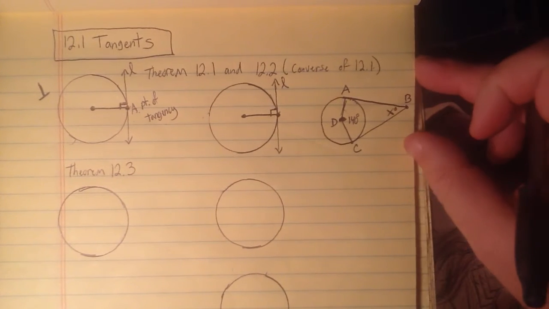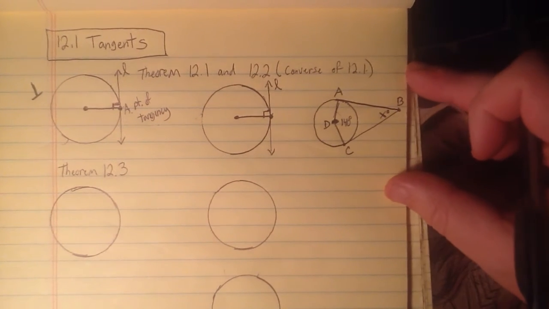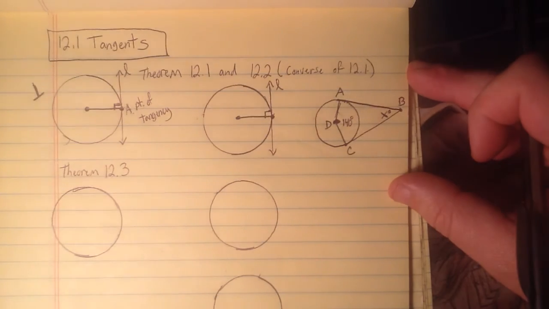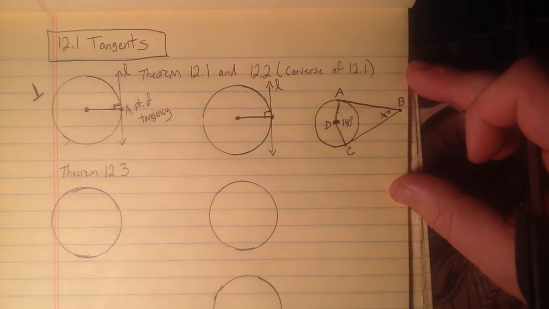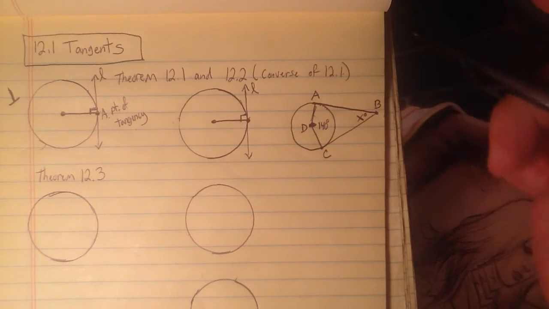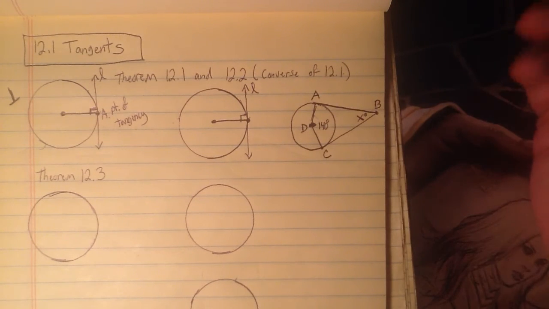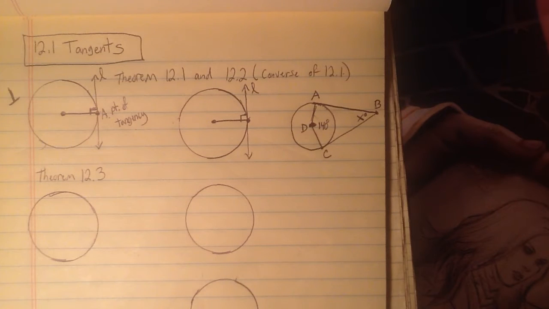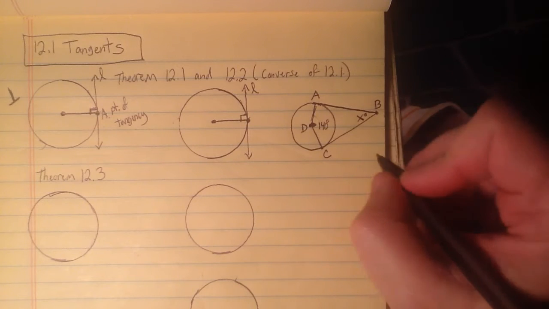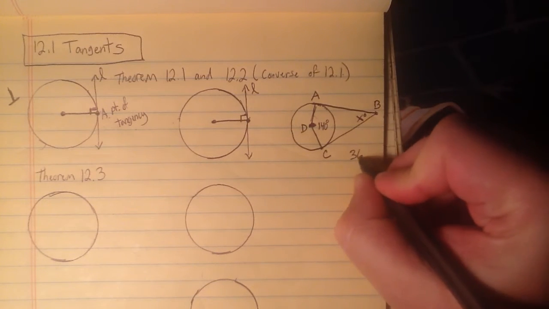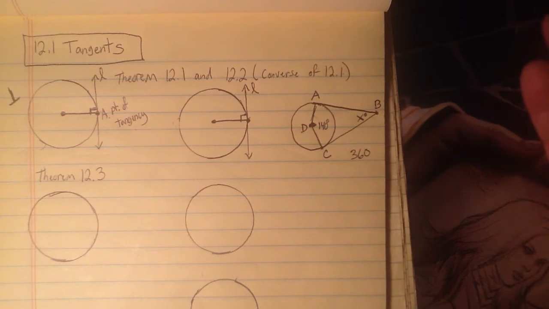Okay, so I'm going to put that so you can see it a little bit better. Okay, and so if you notice that this is a quadrilateral, in fact, it looks like a kite, doesn't it? Right? But we know that the sum of all the angles in a quadrilateral have to add up to 360. So if that's the case, we already know 3 of the 4 angles. Where are they, Mr. Lowe? Well, here they are.